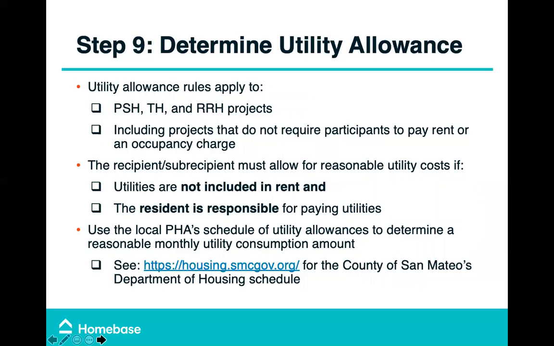The way you determine what a reasonable monthly utility consumption would be is to use the local public housing authority's schedule of utility allowances. And here we have linked to the County of San Mateo's Department of Housing schedule for you to review.